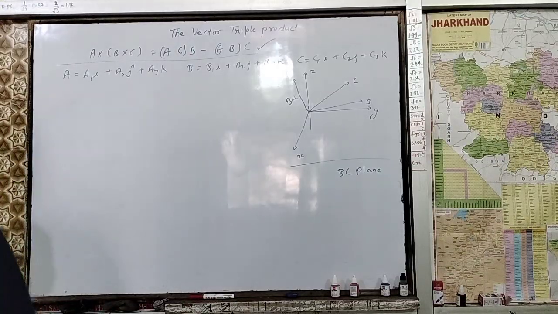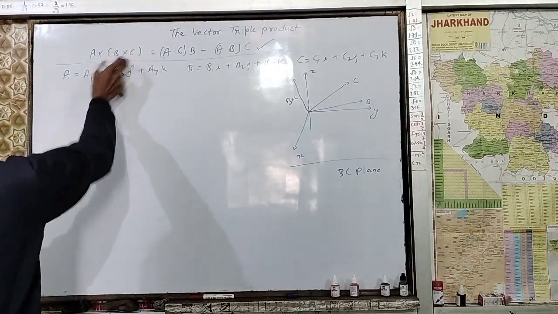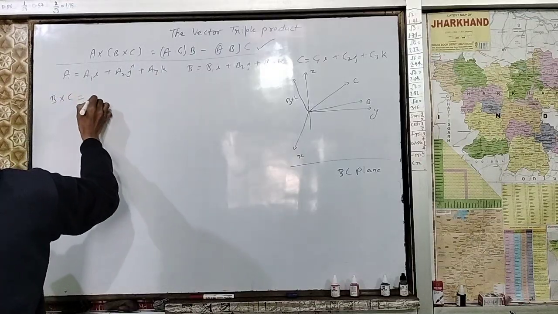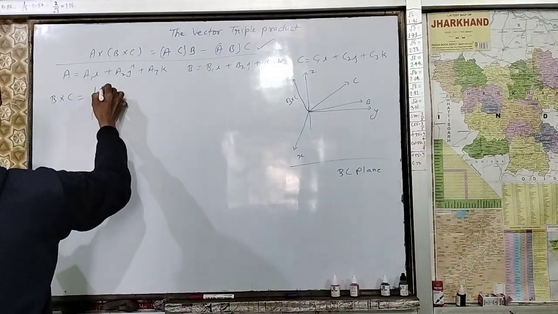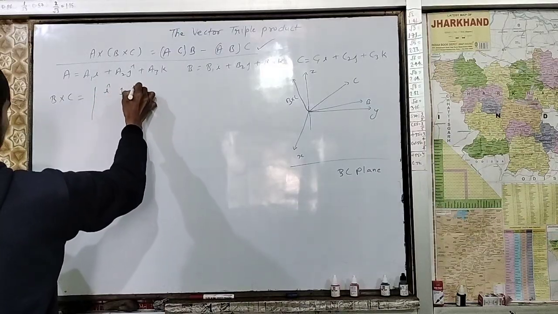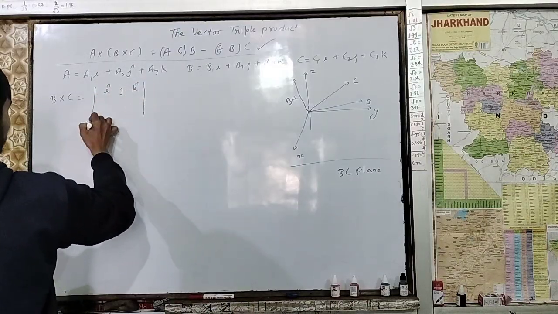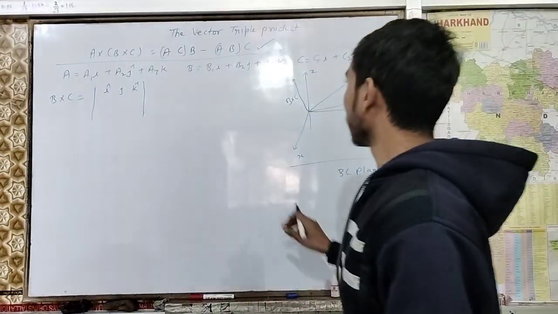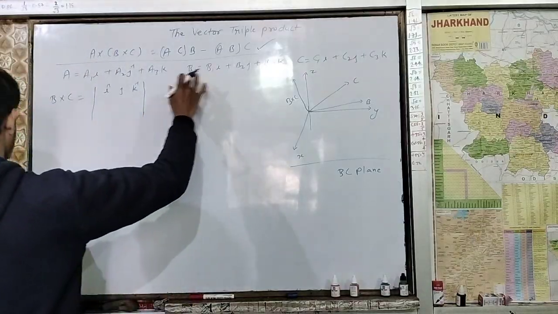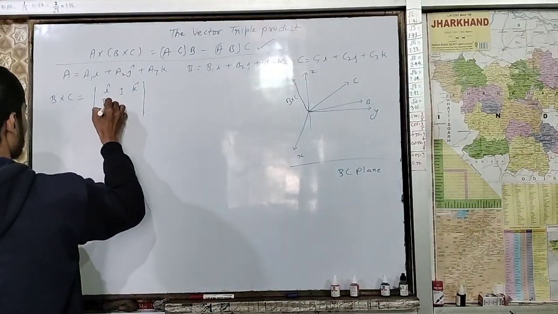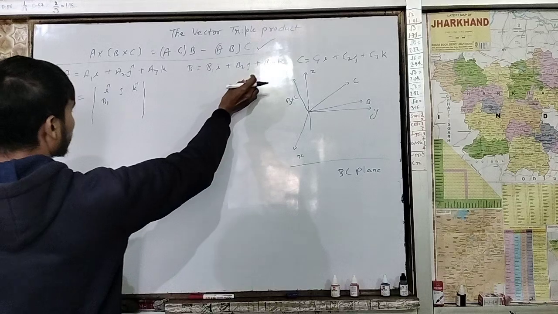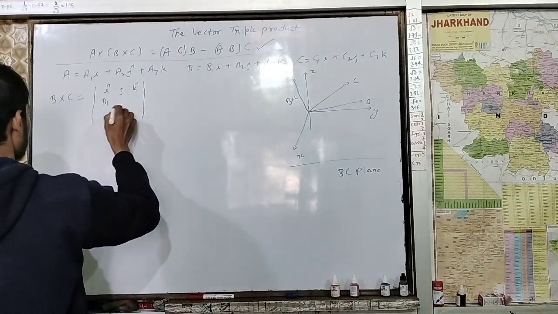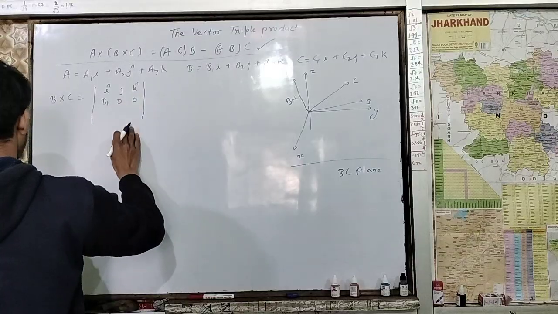Now look at over here. First we will take B cross C, which is in brackets. So B cross C will be equal to the determinant of I cap, J cap, K cap, then B1, B2, where B2 is 0 and B3 is 0.